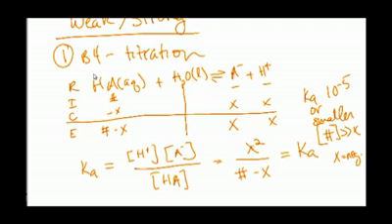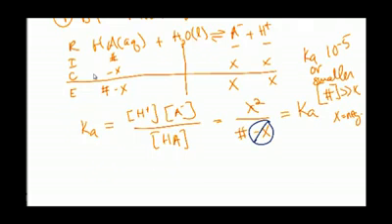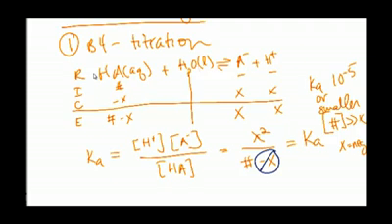That means this value right here, if Ka is 10 to the negative 5 or smaller, can just disappear, because that dissociation is so weak that it doesn't affect that initial concentration. So you just multiply over and square root, making your calculation much easier. Refresh your memory on the quadratic formula, because that doesn't always happen. So that's for before the titration.